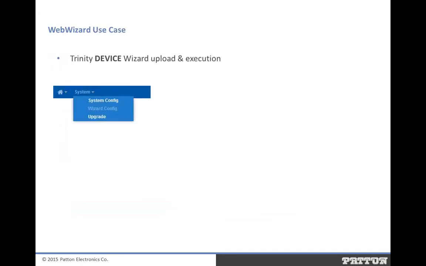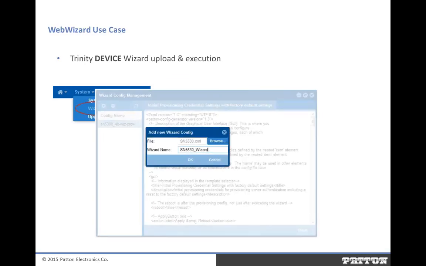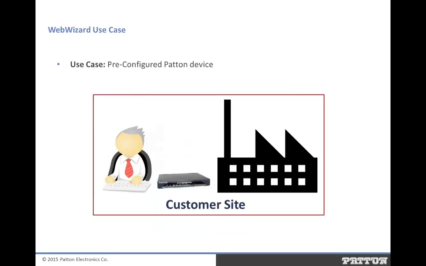You save the file locally on your PC, and then you connect to the Trinity device and go for importing the wizard config. That will look like this. Again, a new window where you browse for the downloaded XML-based wizard file. Once that is done, you are actually done with your preparation work.